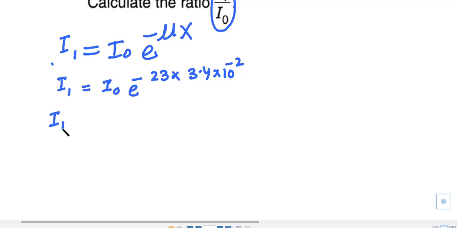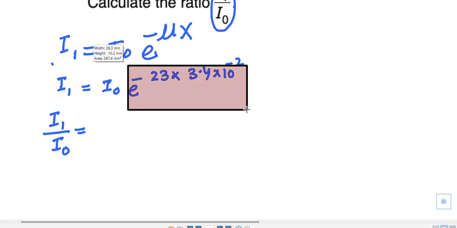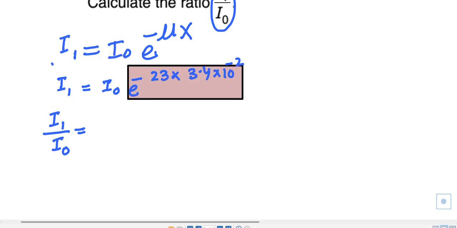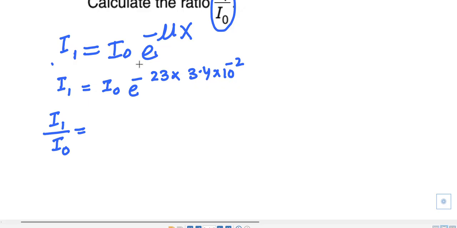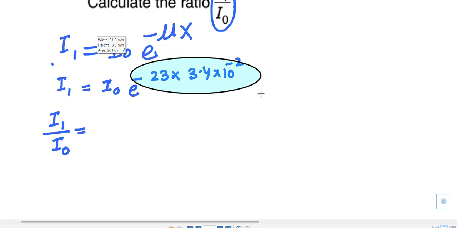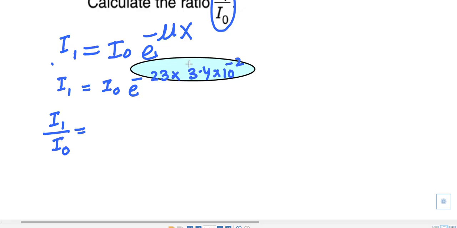So from here I will get I1 divided by I0 equals to, yes, please give me the value of this all.